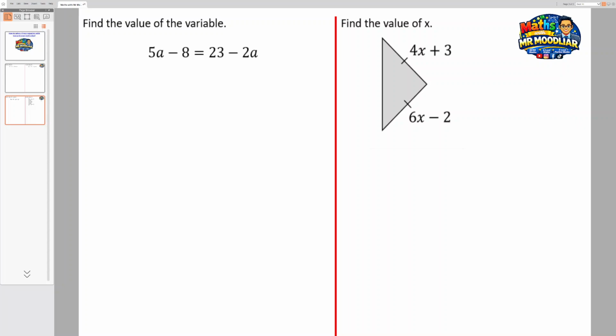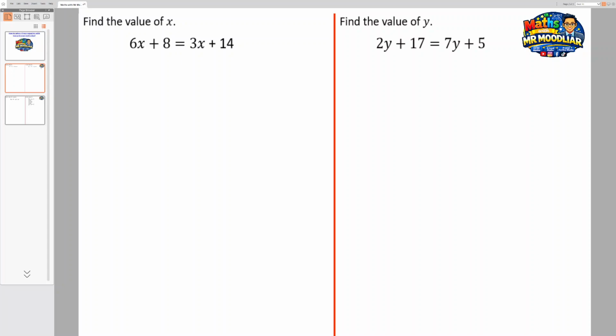Okay, so let's look at the first question, which is 6x plus 8 is equal to 3x plus 14. When we are looking at this question, we need to identify the smallest value of x. On the left-hand side, we have 6x, and on the right-hand side, we have 3x.